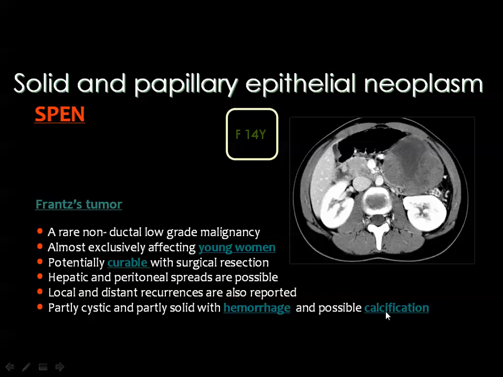If you see a mass in the region of the pancreas that is partially cystic and partially solid in a young female, you may suggest this type of tumor, known as solid and papillary epithelial neoplasm, or the Frantz tumor. As I have mentioned, this is a rare type of low-grade malignancy, and it is potentially curable if surgically removed. There is a possibility of non-recurrence, but in the literature they stated that in some cases there may be local or distal recurrence, and also some hepatic and peritoneal deposits.